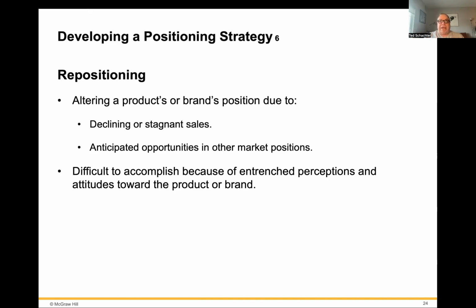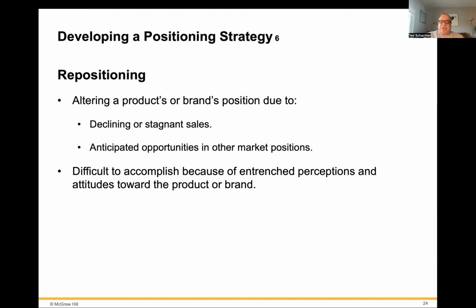So let's say there's a brand like Gerber, and Gerber is an old school brand, but maybe now they're saying, hey, we don't have any chemicals. We have no additives. We're using glass jars, so there's no plastic. Things that they never said before. And they didn't say it because maybe the target audience back then didn't care about that.